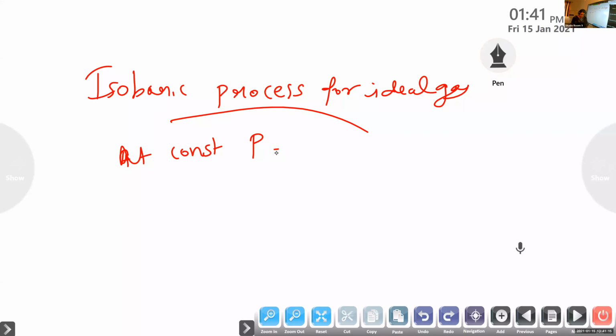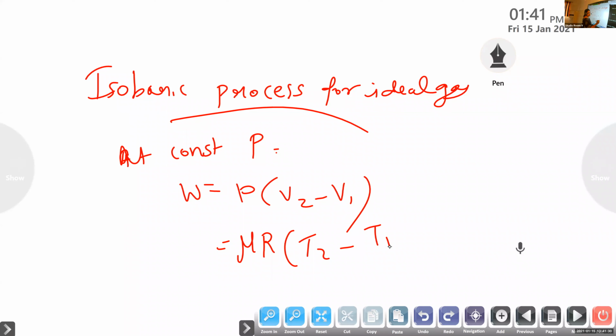work done by the gas is P into V2 minus V1, and it is actually equal to mu R into T2 minus T1. The ideal gas equation is PV equals mu RT.